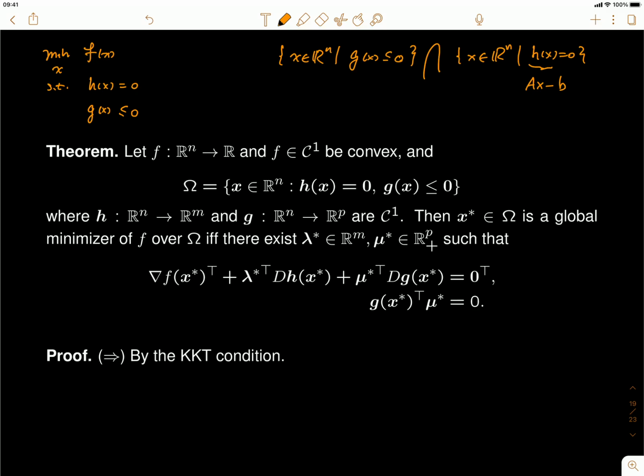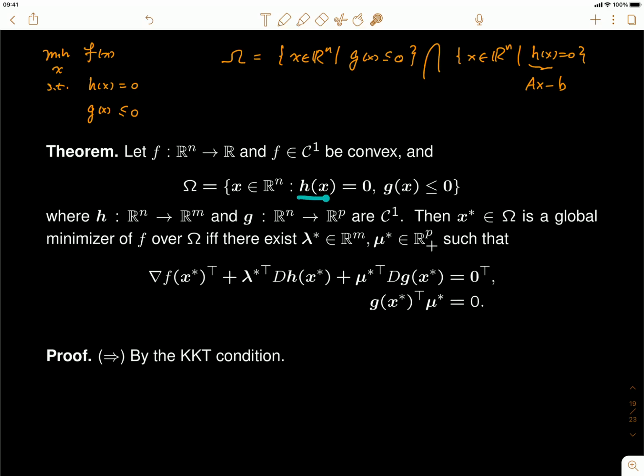This basically gives you a hyperplane, and you take the intersection of the hyperplane and this sublevel set, which is a convex set. The hyperplane is definitely convex, right? You take the intersection of the two, and the set you end up with is called omega. So in convex optimization problems, h is an affine function, g(x) is a convex function, and then it's guaranteed that this omega is a convex set.